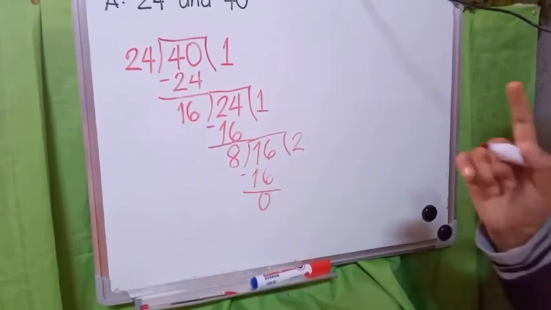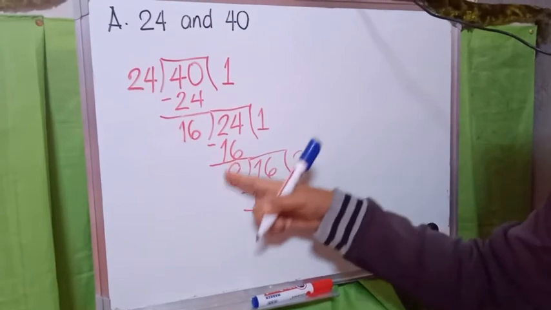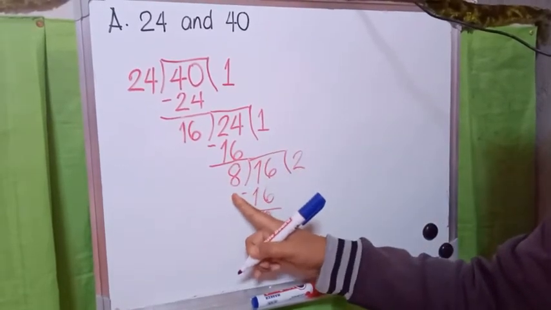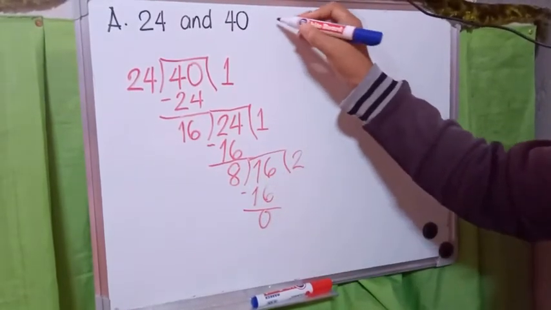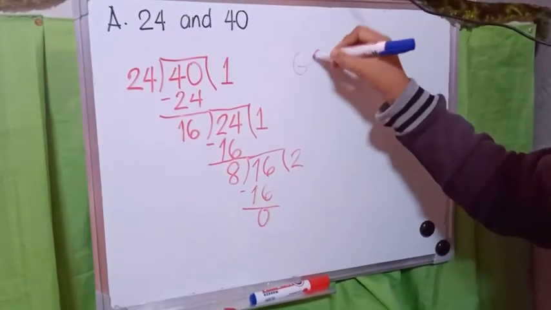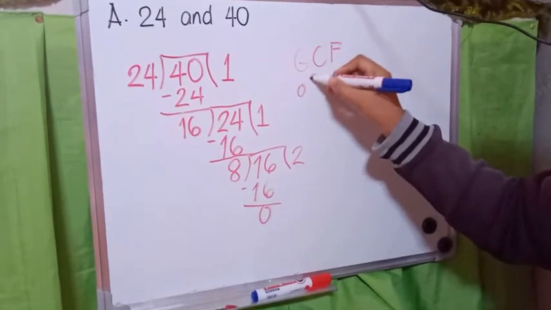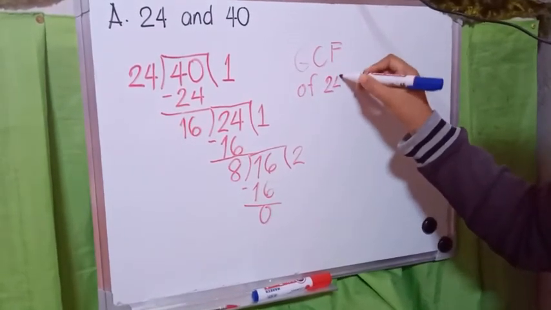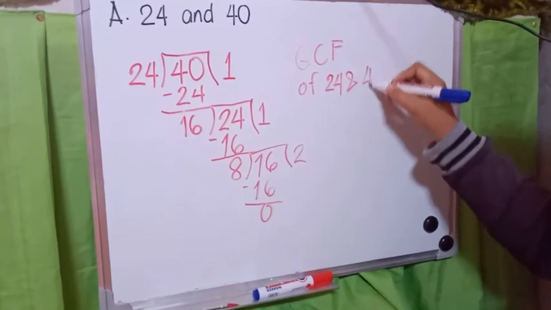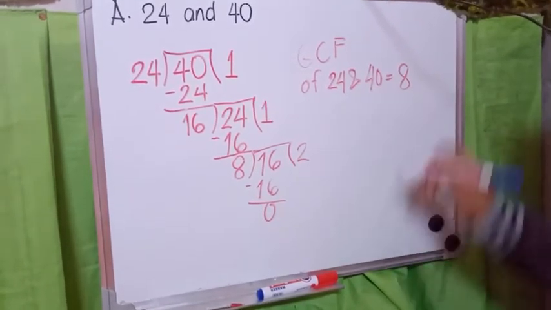Your last divisor would be your greatest common factor, that is 8. So we can say that the greatest common factor of 24 and 40 is 8.